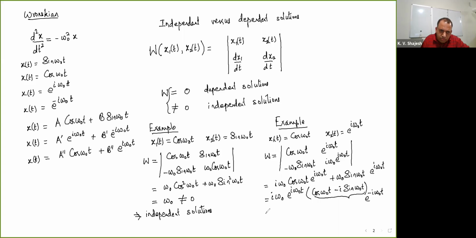So that's equal to I omega naught times exponential of I omega naught t times exponential of minus I omega naught t. The two exponentials cancel exactly. What I got is I times omega naught alone, which is not equal to 0 again, which implies that these are independent solutions.